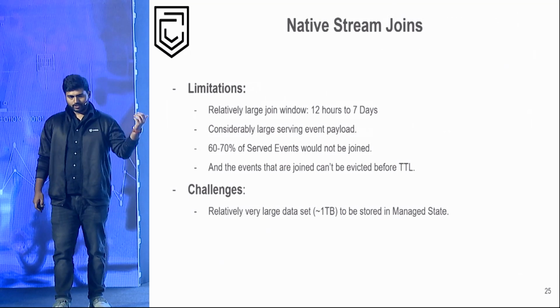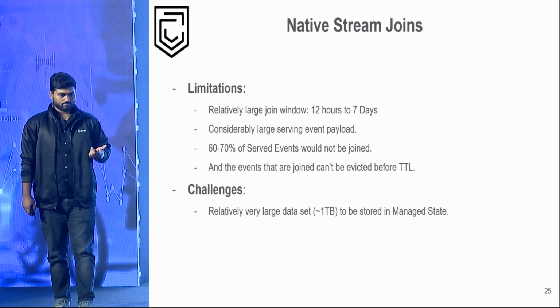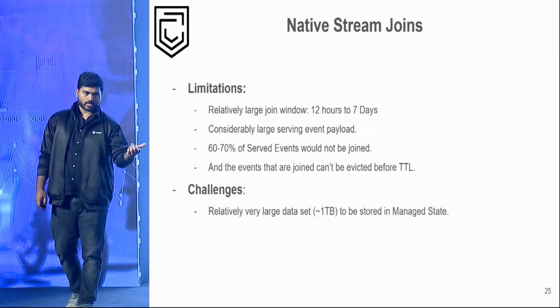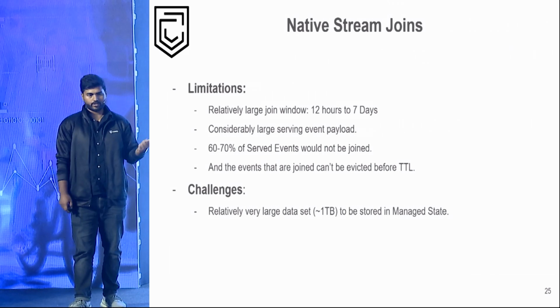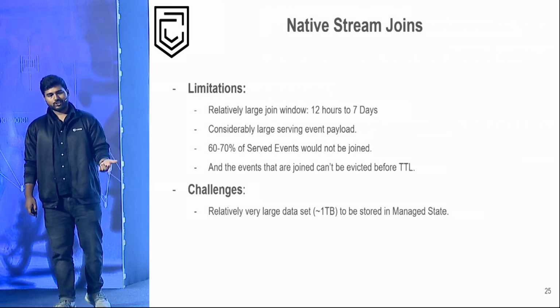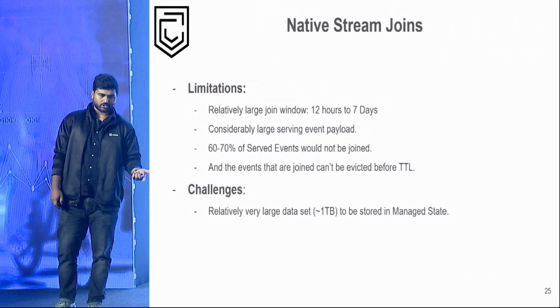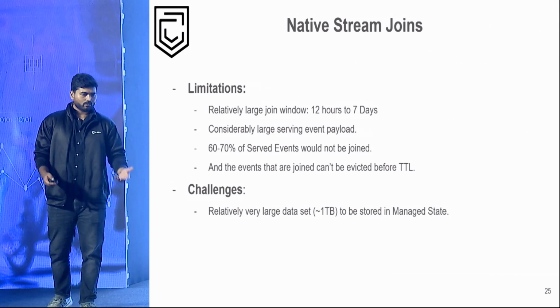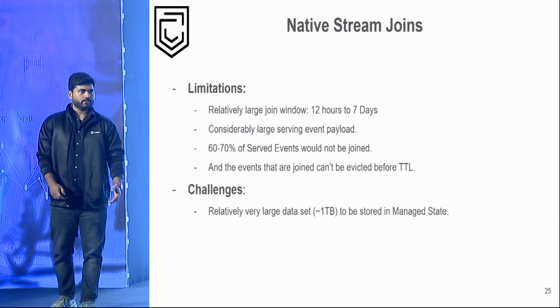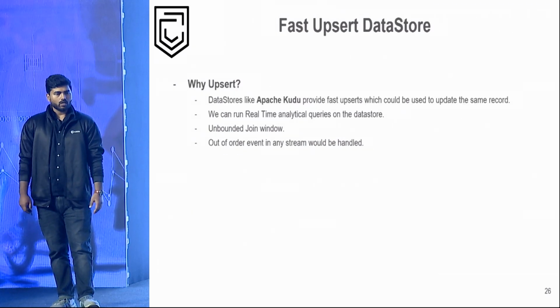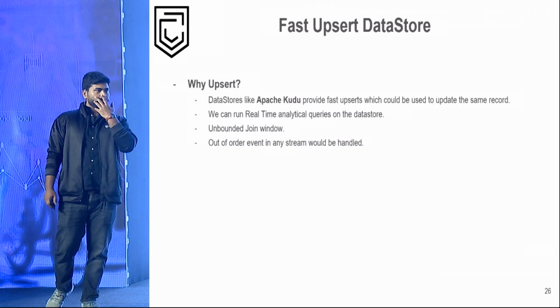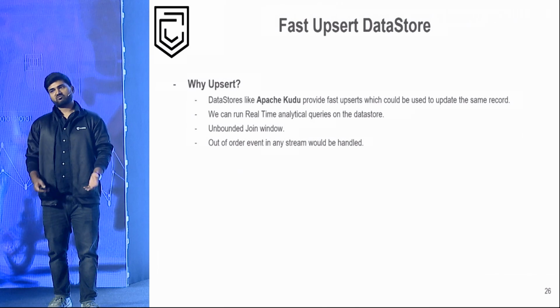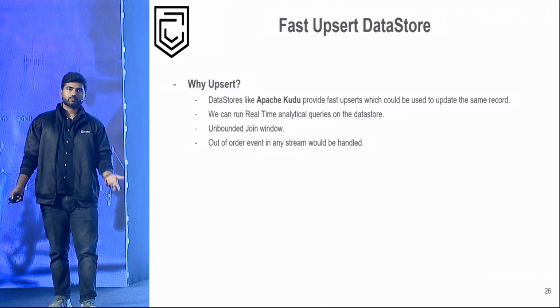Just as an example, if we would do a relatively large join window of 12 hours to 7 days, the state store would reach more than hundreds of GBs and close to 1 TB, which is not manageable in a native Flink state store.